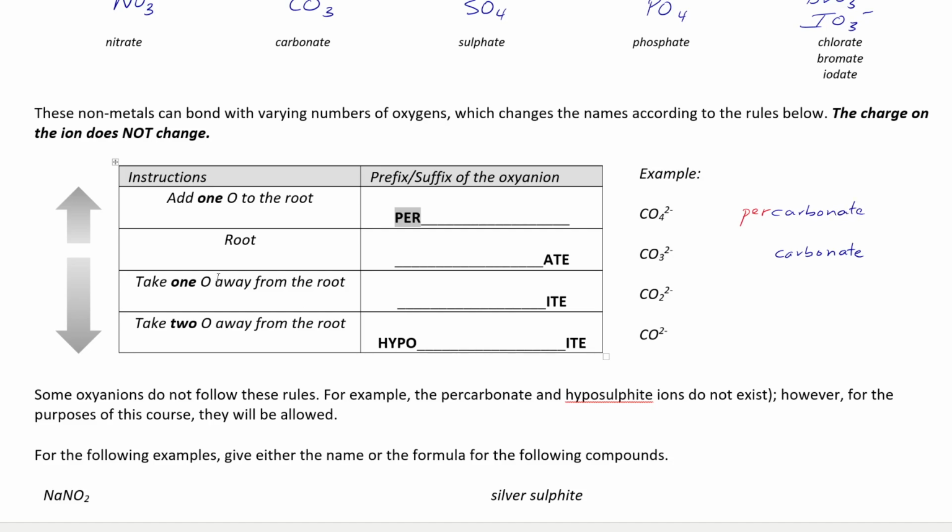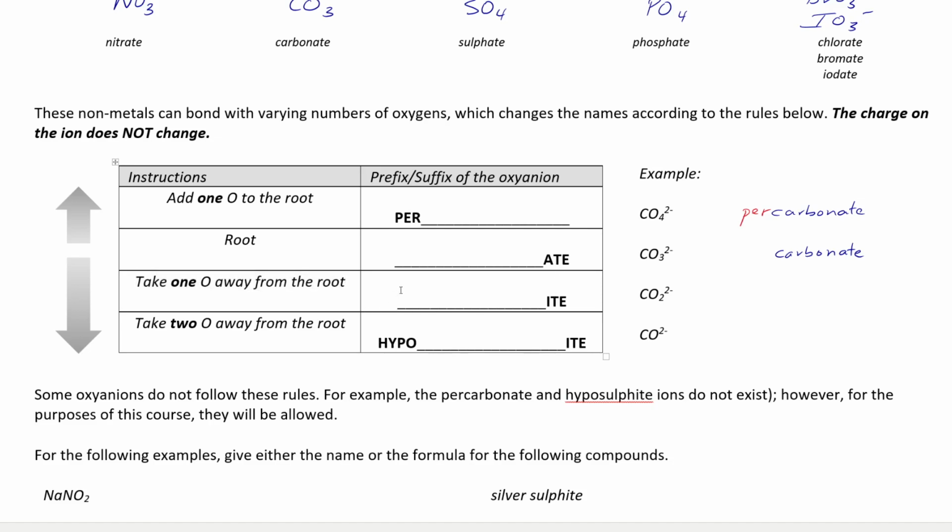If I take 1 oxygen away from the root, so I start with carbonate and I drop an oxygen, again, the charge doesn't change. I have to change the suffix. So instead of ate, it becomes ite. So 1 less oxygen away from the root, the suffix goes from ate to ite.